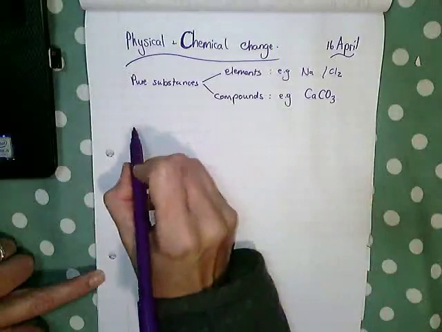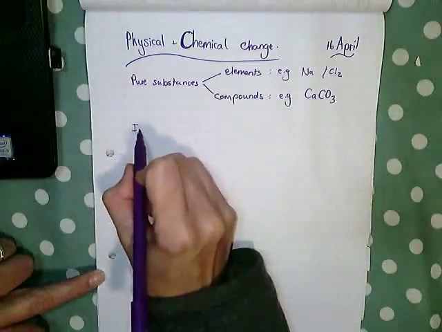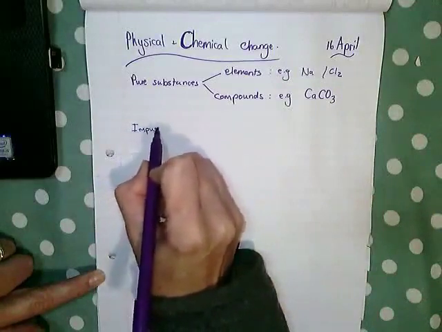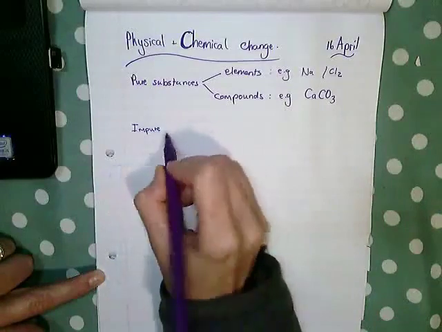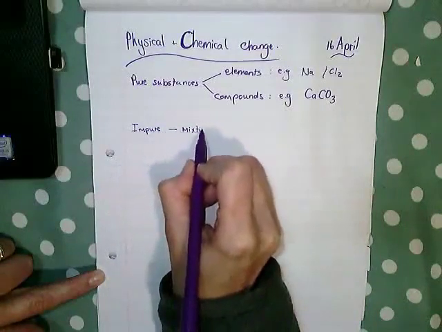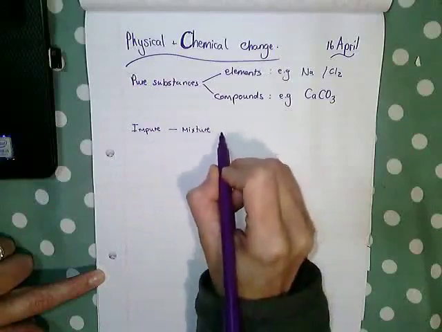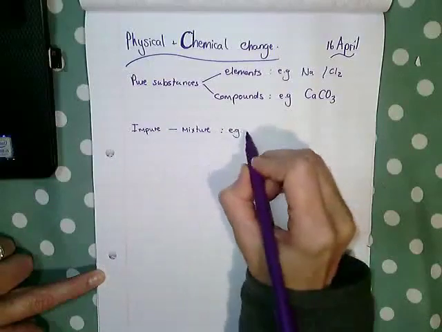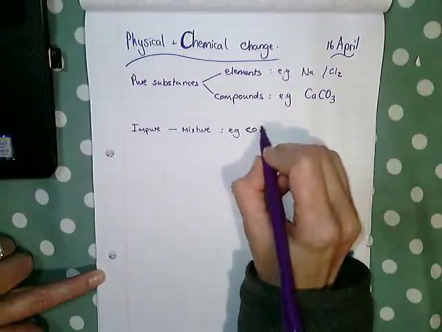Then an impure substance would be a mixture of something, like, for example, a coffee.